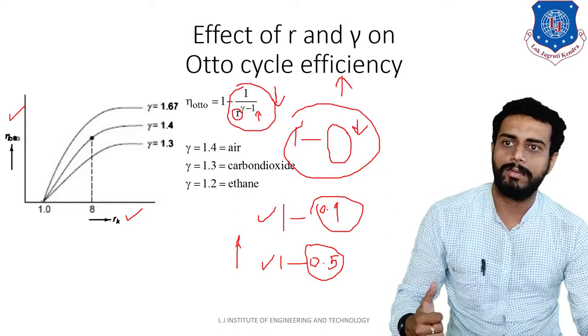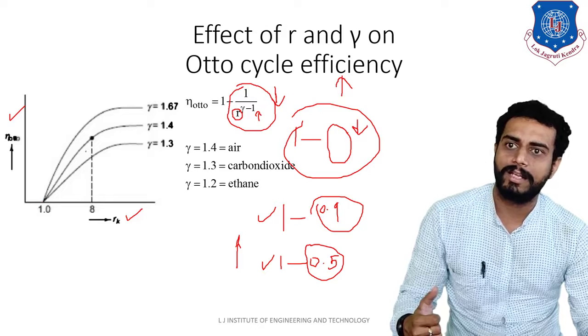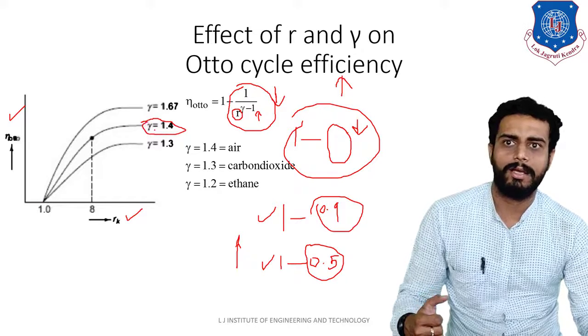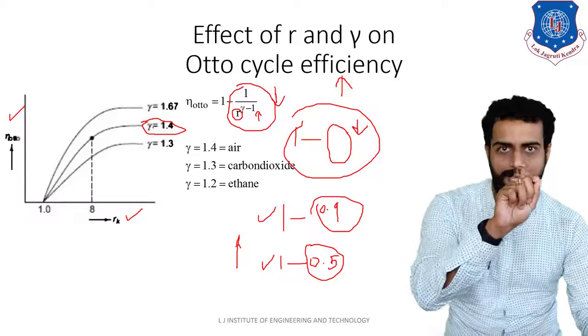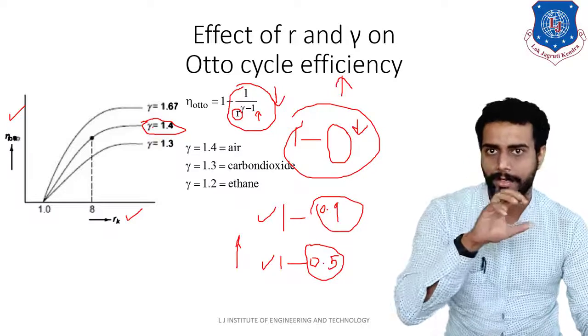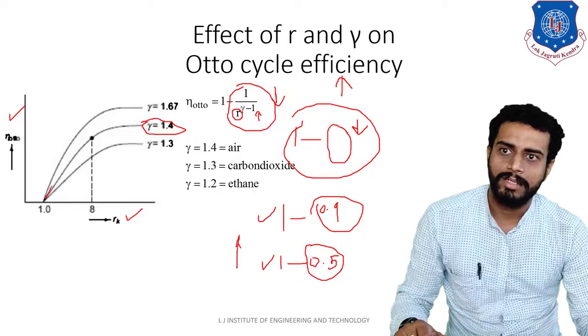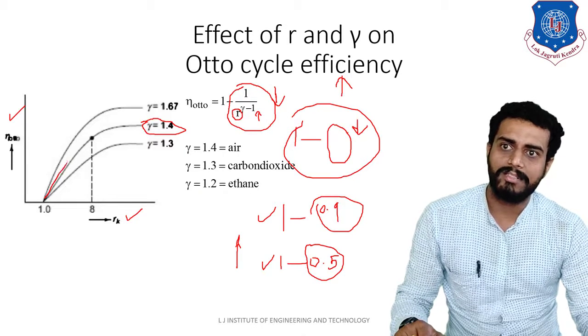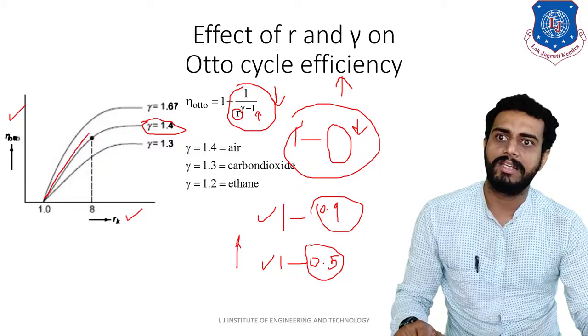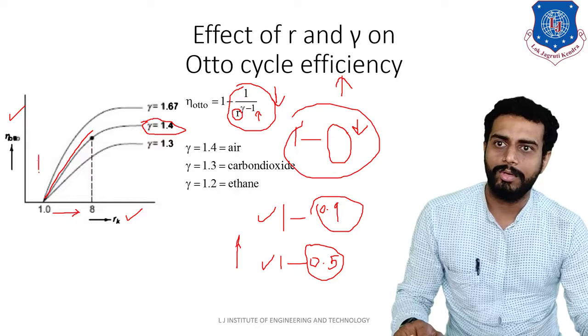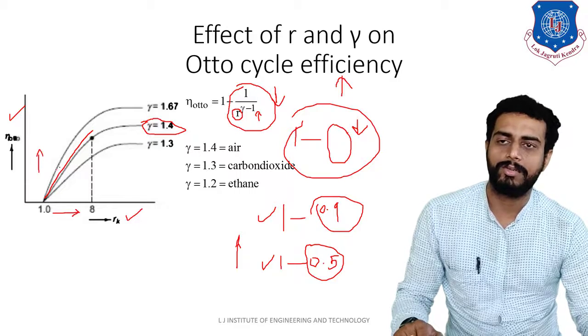Okay, so observe over here that let us say gamma is equal to 1.4 for air, where your fluid is air. Okay, so for air, if you take gamma as 1.4, then as you can see, if you increase the compression ratio, then efficiency is increasing. See, right? So as soon as you increase the compression ratio, the efficiency is also increasing over here.